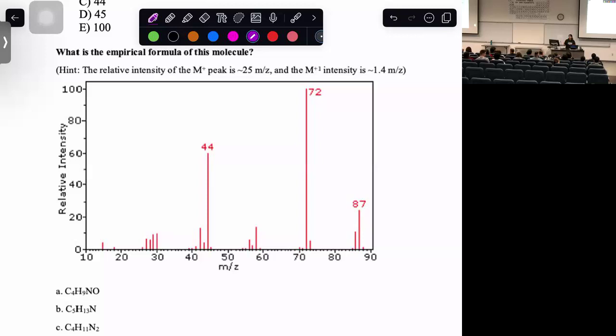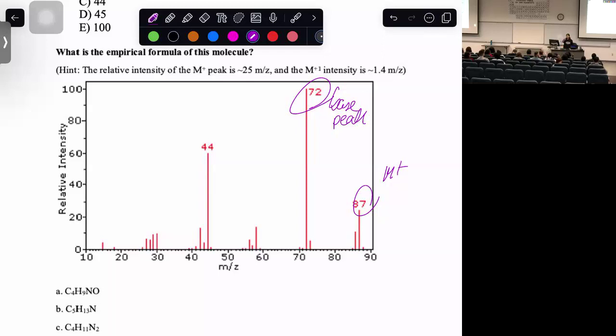Okay, let's start reading off the spectrum. What's the base peak? Where do you find it right now? Okay, this guy, it's my base peak. Where's my parent peak? 87. Okay. What information could I get just by looking at those two peaks?